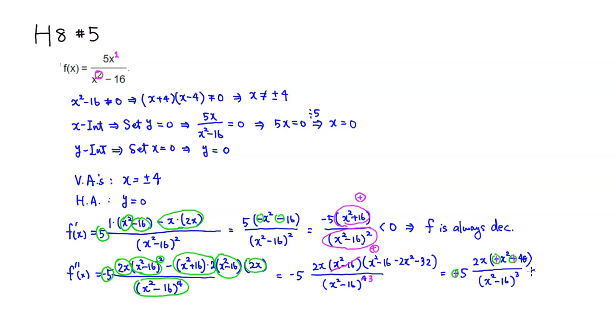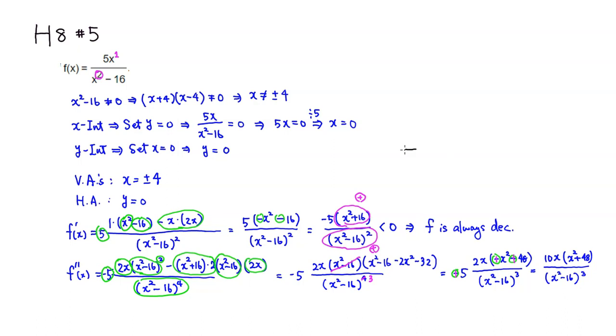So if you clean it up, you're going to have 10x times x squared plus 48, over x squared minus 16 cubed. We're going to have to do a number line.